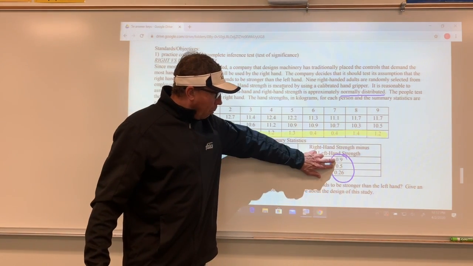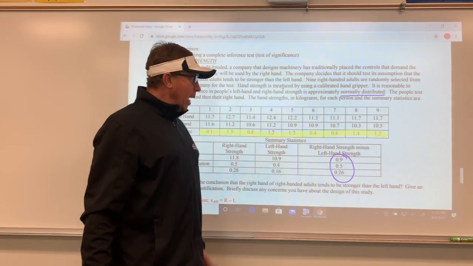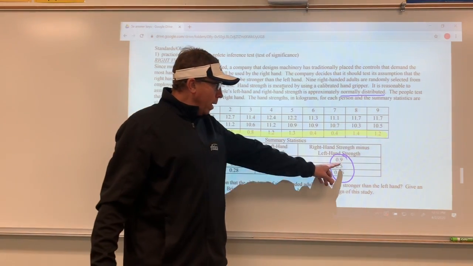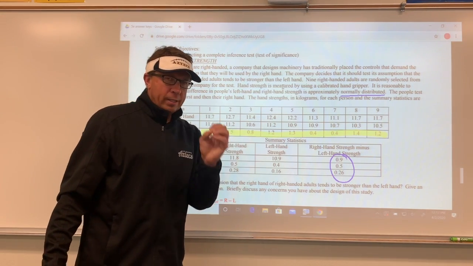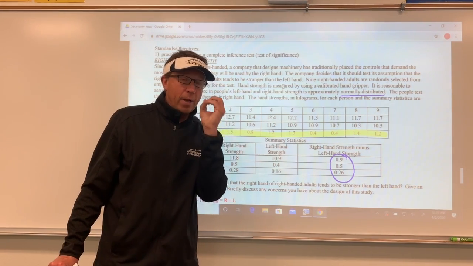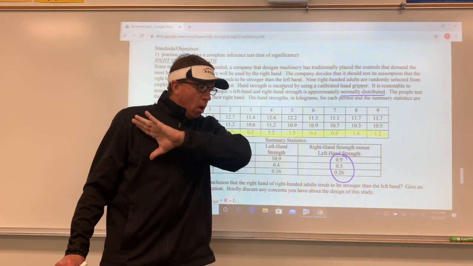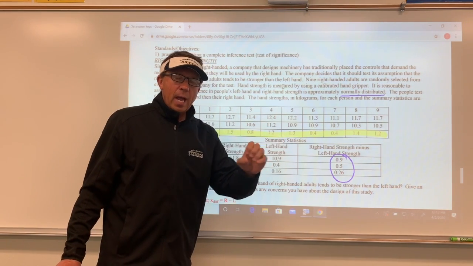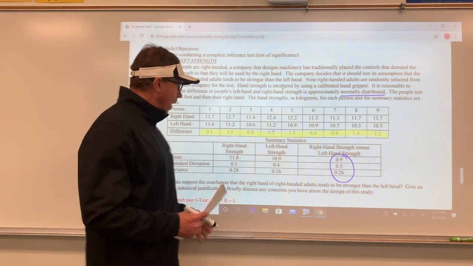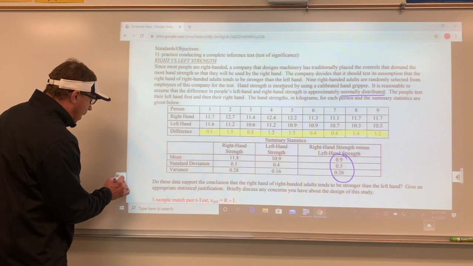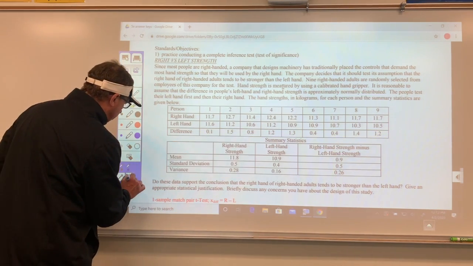So we really just need 0.9 and 0.5. And we're wondering, is 0.9 significantly different from 0? 0 represents there is no difference. In all matched pairs tests, H0 and HA, the reference number is 0. All right, so let's slide down and start checking this out.